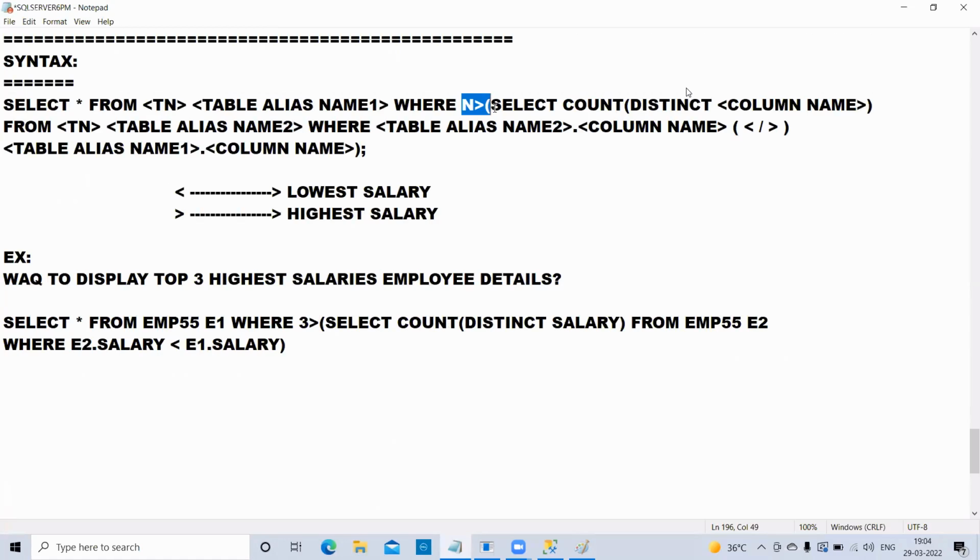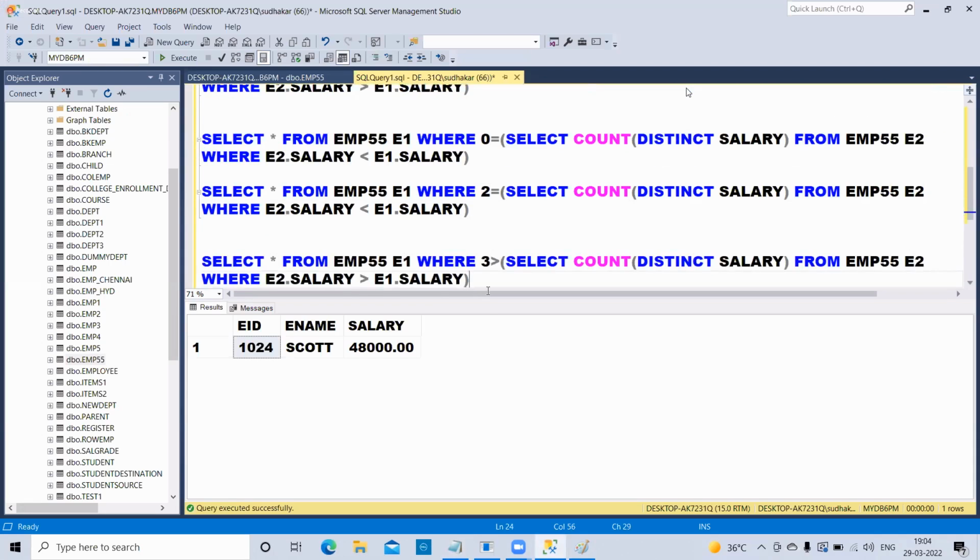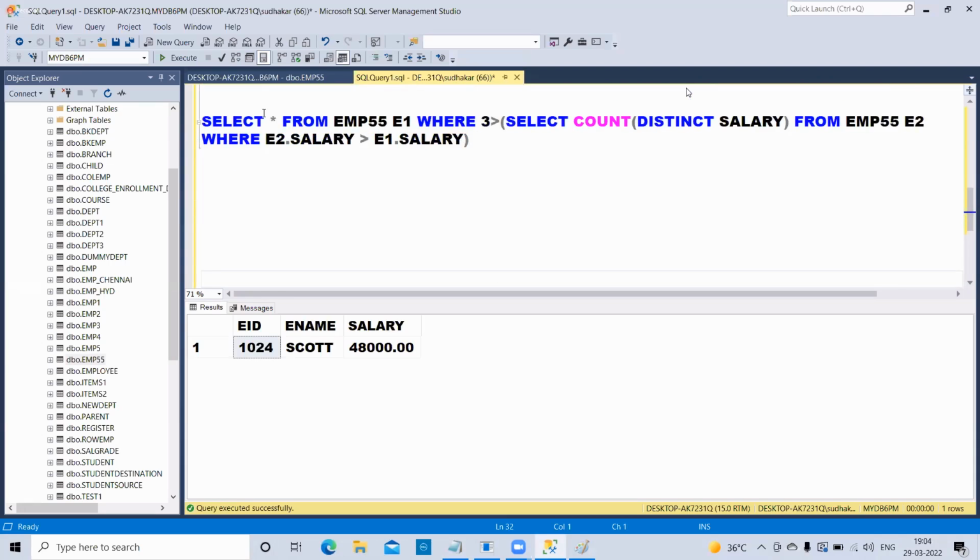And highest means we should use greater than. Now can you come out and see? When I use the top 3 highest salary people and execute it, what happened?